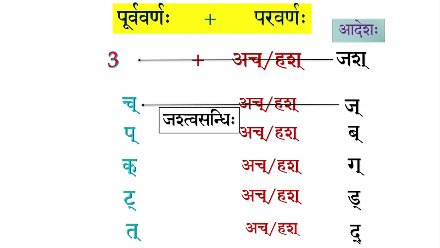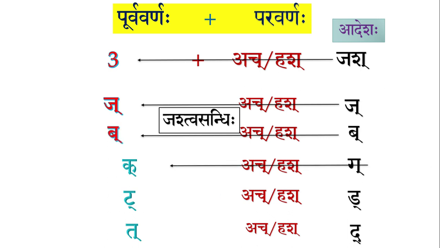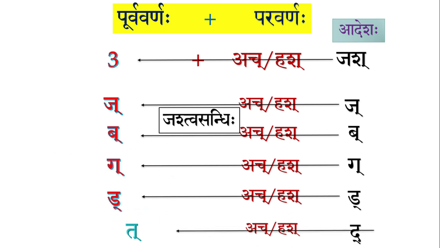So, when Cha disappears, which letter do you think will grab its seat? Third letter from Chavargaha, that is Ja. Similar is the case with Pa, which moves away only for Ba to occupy its position. Ka escapes for Ga to come, and when Ta moves away, Da occupies its position, and Ta disappears for the letter Da to appear.